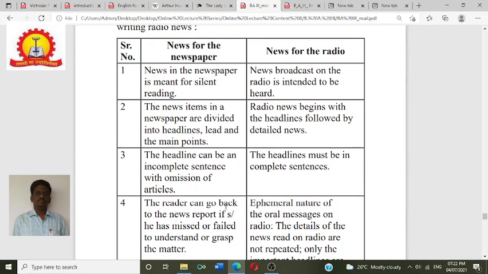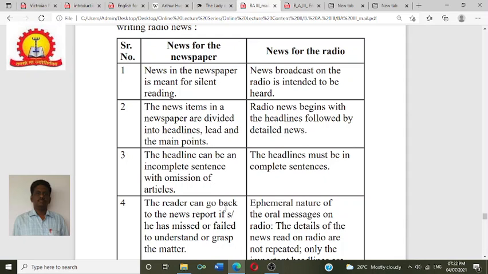Then the news items in a newspaper are divided into headline, lead, and the main points. We have also learned how to write a news item. So these news items are always divided into three parts. The first part is the headline. The headline is meant to attract the readers, make them understand, or make them read the news item.